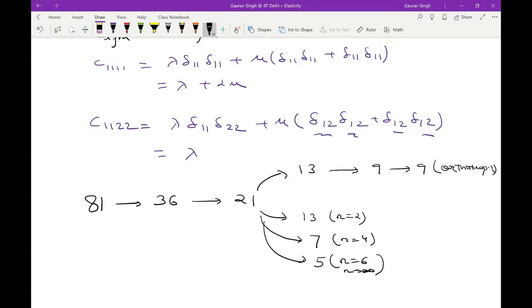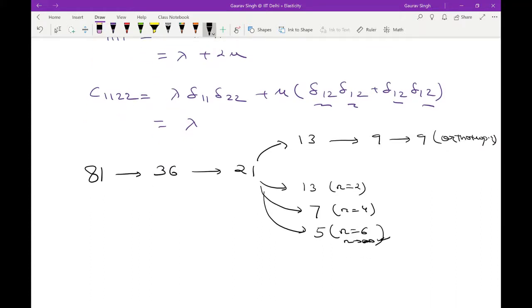This I'd stated without proof. Now if the same thing was repeated for another axis, this would have reduced to 2 independent constants, and for the third it would have also reduced to 2. So this was called transversely isotropic, and this was called isotropic. So this is what we have done so far, give or take, most of this course.